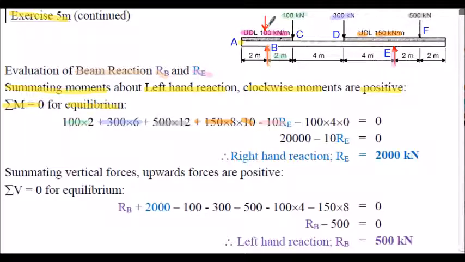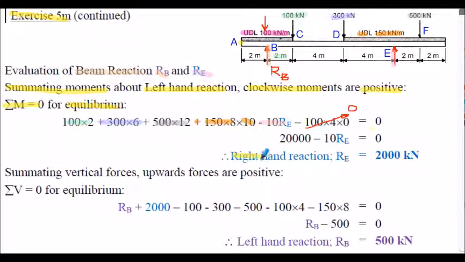So that force goes straight through the reaction, doesn't generate any moment because there's no moment arm. So that term is actually 0 in this case. I'll let you think that through in your own time, but there is no bending moment generated by the 100 kilonewtons per meter UDL in this particular case because its centroid passes directly through reaction RB. This is reaction RB here.